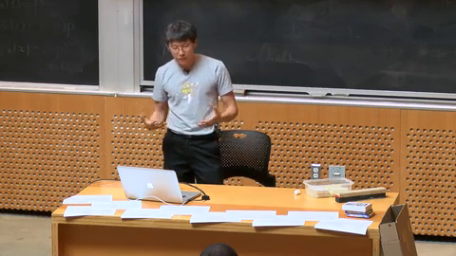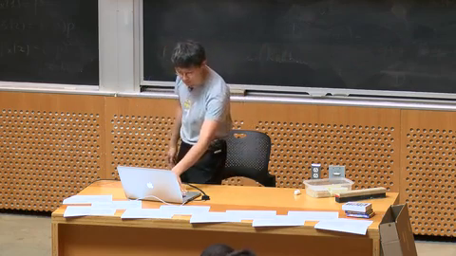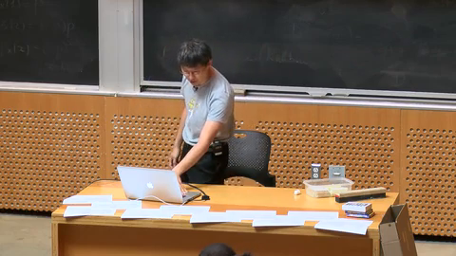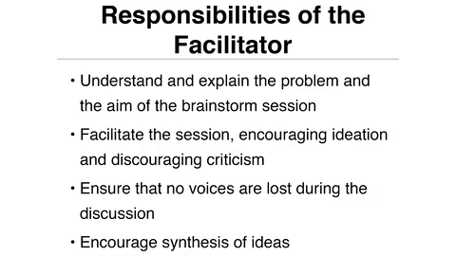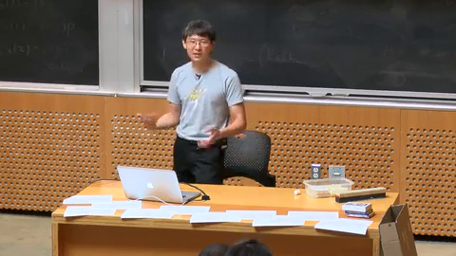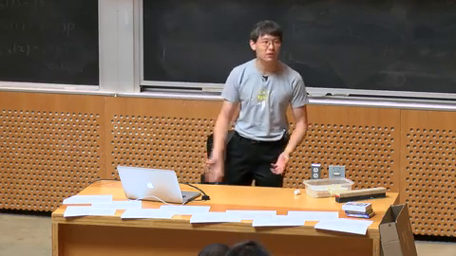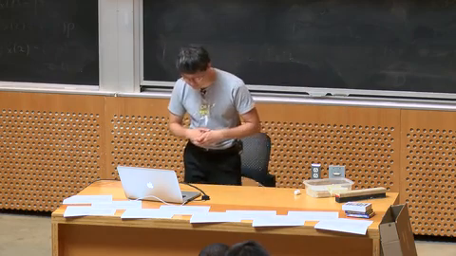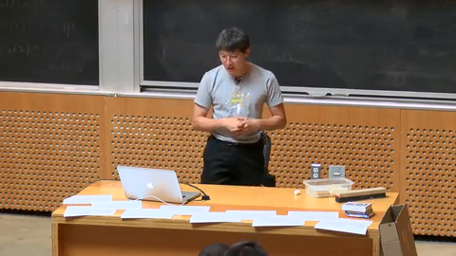Now, responsibilities. Again, I said designate someone to be a facilitator, and this person's job is to keep this whole session moving. We don't like to use the word leader because your job is not to be the head of the brainstorming session. Your job is to facilitate it, to be the clerical equivalent of moving the process along.